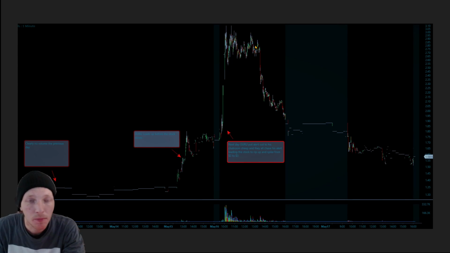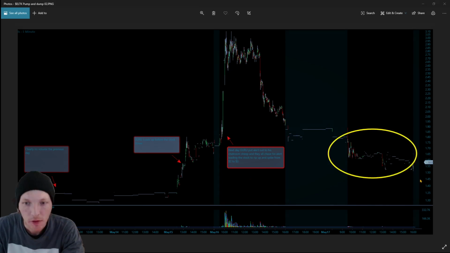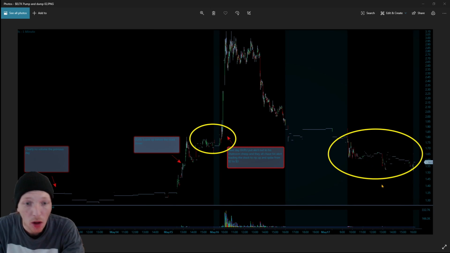A lot of people probably chased after this at $3, bought in as it slowly crumbled all the way back down to the area that it spiked from right there, and even lower. And now we have bag holders. And if this stock was to ever put out a press release again and the stock spikes back up to $3 again, you're going to run into bag holders from people who all bought in right here.